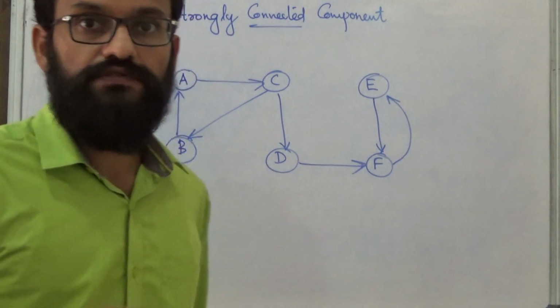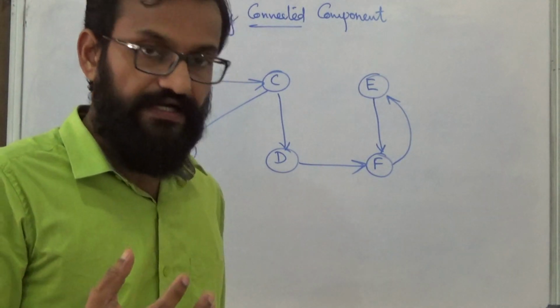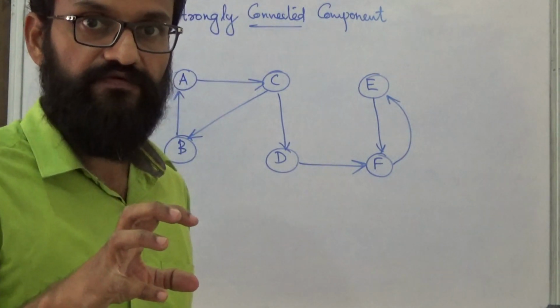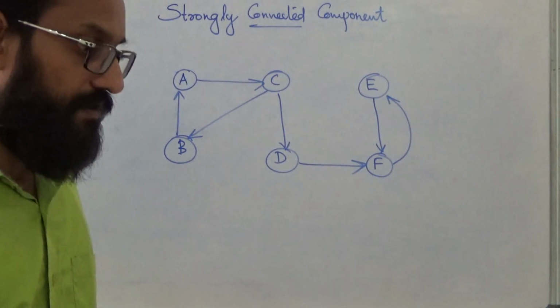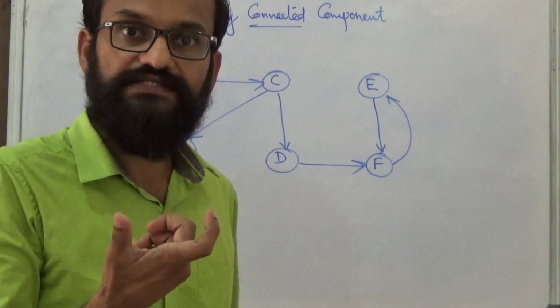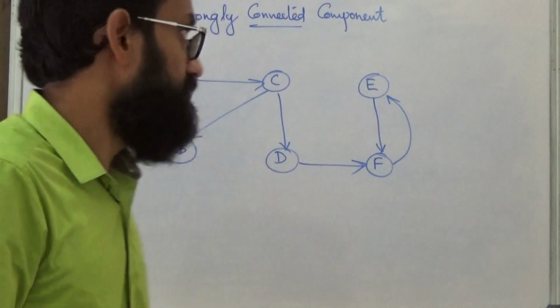A strongly connected component of a directed graph is actually a maximal subgraph in which, if I take any pair of vertices in that maximal subgraph, there must be a path.